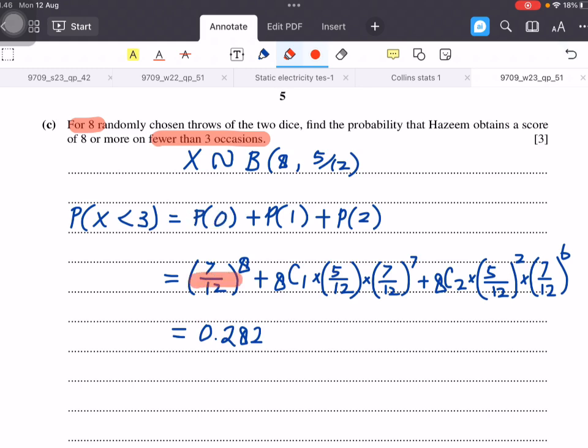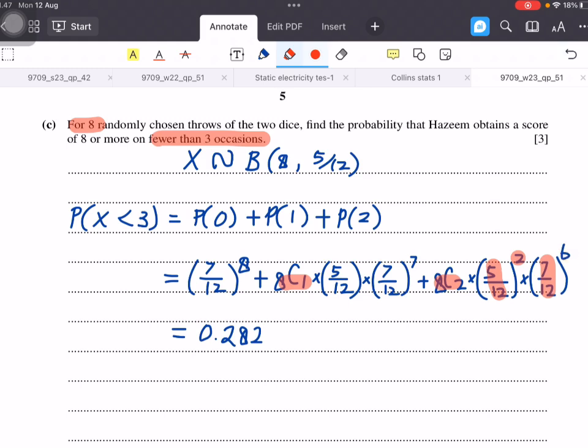So 8 times fail, and then P(X = 1) is 8 choose 1 times 5/12, 1 success and 7 fails, and P(X = 2) is 8 choose 2, 2 success, so square, and 6 fail.